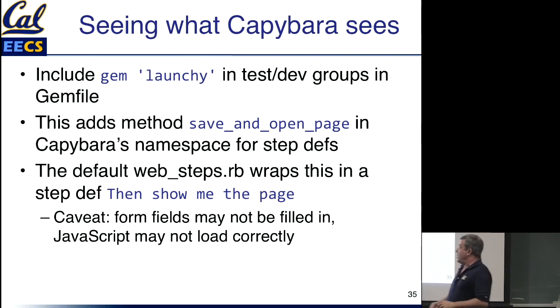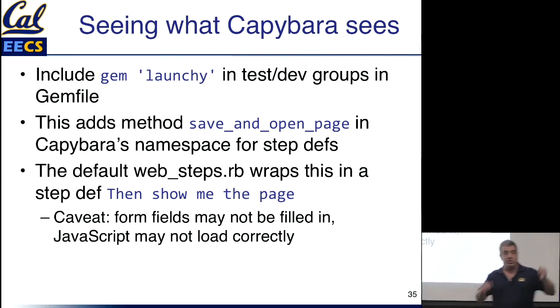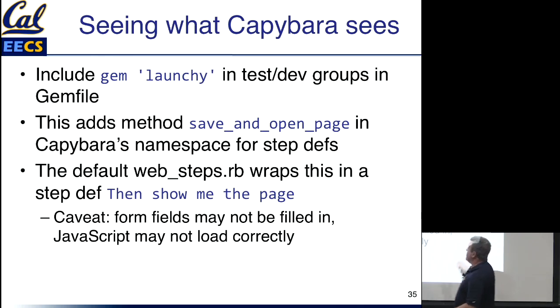If you include that gem, it adds a new method in Capybara's namespace called save and open page, which is super, super cool. Because if you call save and open page, it will save a static HTML representation of the page and pop up a browser window. And then you can see the page that Capybara was seeing at the moment that you called save and open page. You also get, with the standard web_steps.rb that is one of the things that we recommend you seed all new projects with, a step definition called then show me the page.